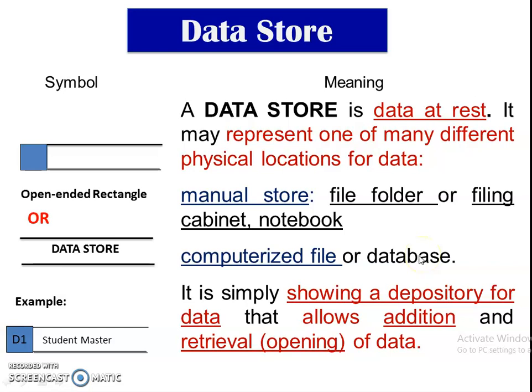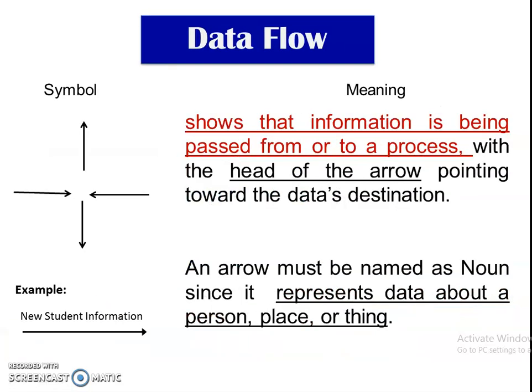This data store is used in a DFD to represent that data in the system is stored because one or more processes need to use that data at a later time. It's simply showing a depository for data, which allows adding and retrieval of data. Data stores should be named with a noun because it's the name of a storage.